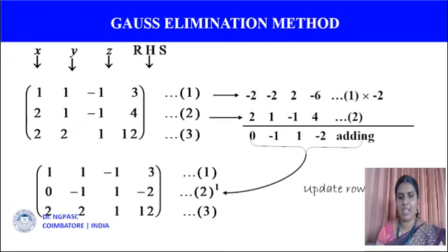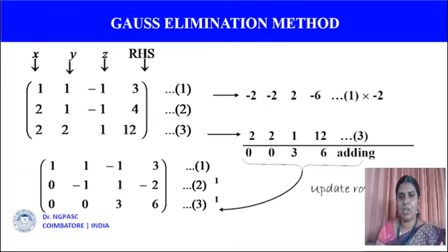Same way for the last row, you multiply the first row with -2 and add the resultant to the third row. So -2, -2, 2, -6, and your last row is 2, 2, 1 and 12. When you add, you get 0, 0, 3 and 6. Just we are updating in the last row. So now you see the leading diagonal.